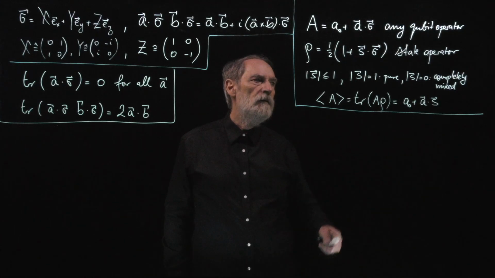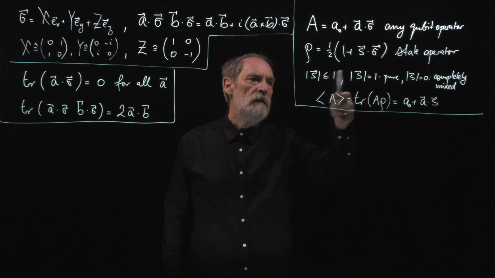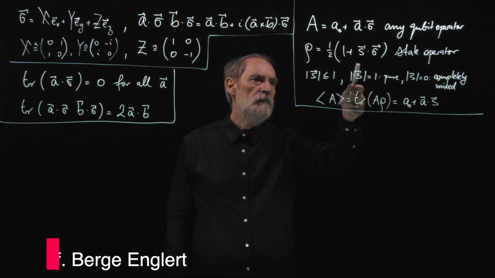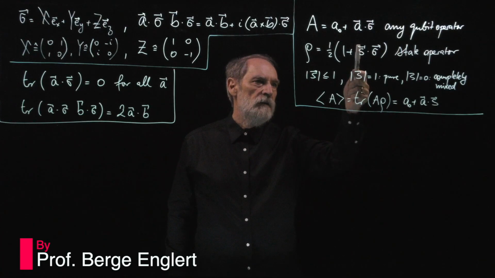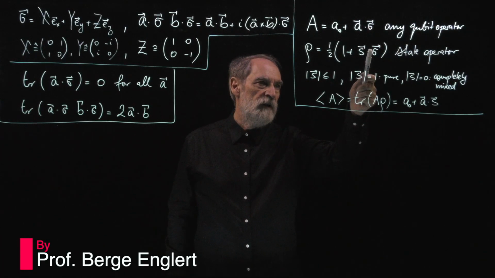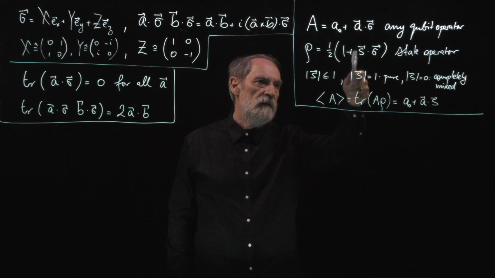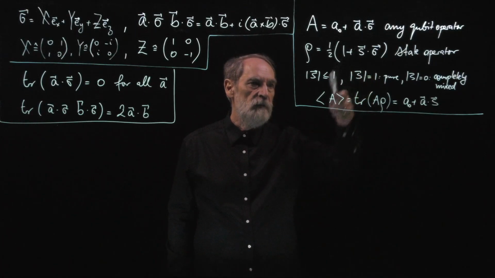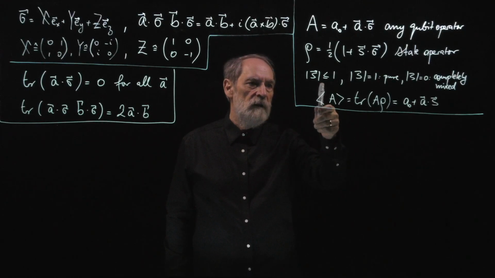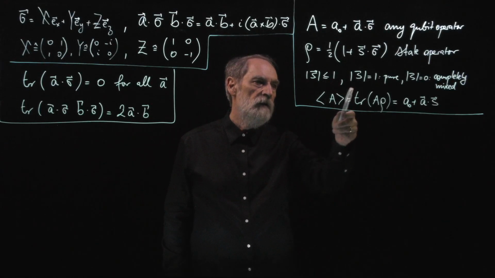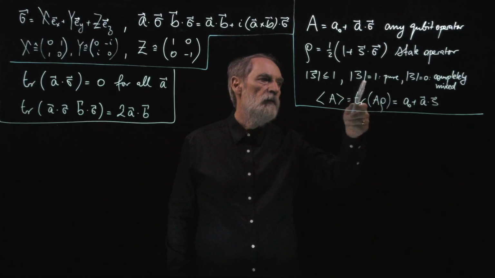Alright, so for a state operator, we have half the identity plus half of the Pauli vector times the Pauli vector operator, or the Bloch vector times the Pauli vector operator, and this numerical vector S that appears here can at most have length 1. If it has length 1, then we are dealing with a pure state.